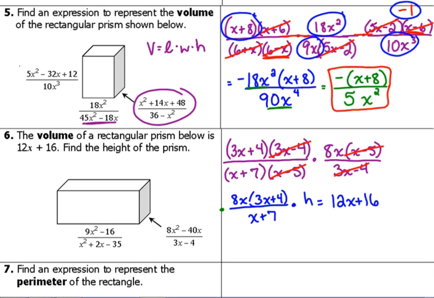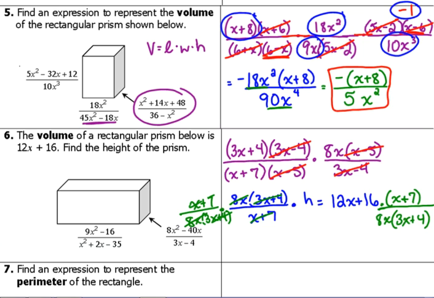If we multiply by the reciprocal on both sides, obviously the point of it is that on the left side, everything cancels, right? If we do it on the right side, we've got x plus 7 in the numerator because we're multiplying by the reciprocal. And we've got 8x times 3x plus 4 in the denominator.